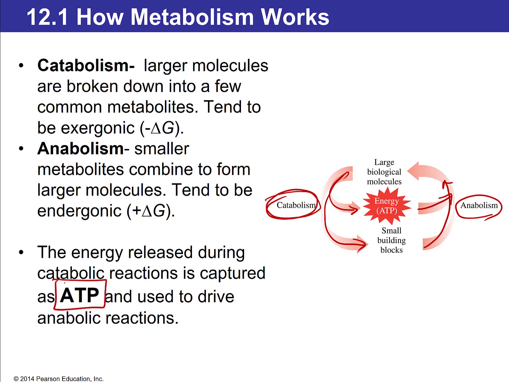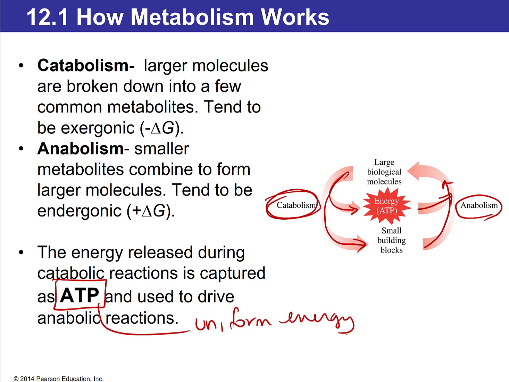So ATP, which I have listed down at the bottom, is called adenosine triphosphate. ATP is useful because it provides uniform energy. Some chemical reactions produce a lot of energy when they break bonds. Other chemical reactions only produce a little.